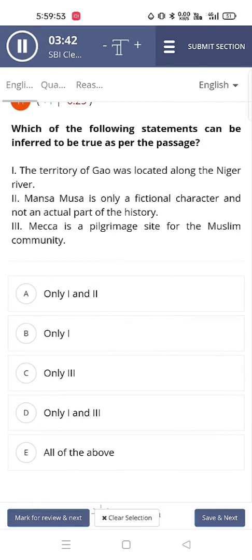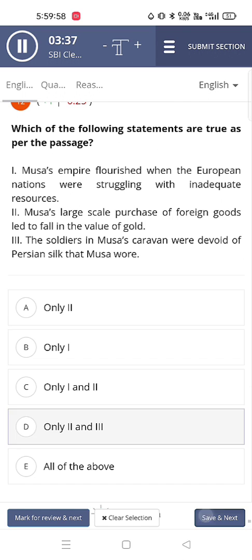Okay, it is not mentioned anywhere. Makkah is a pilgrimage site for the Muslim community. It is true. We will mark first and third.